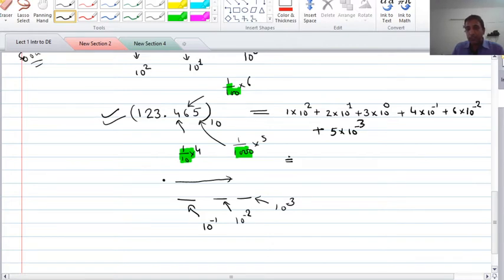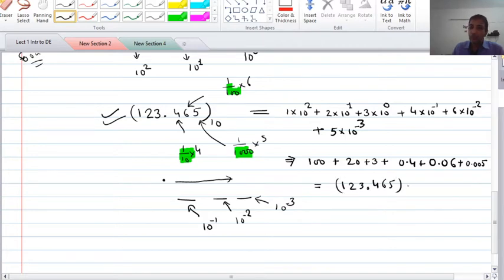That is 100 plus 20 plus 3 plus 0.4 plus 0.06 plus 0.005, and that will give you again the same number, 123.465 in base 10.